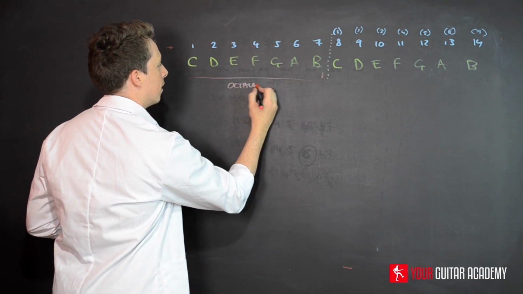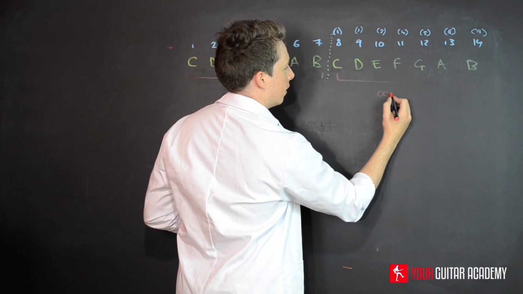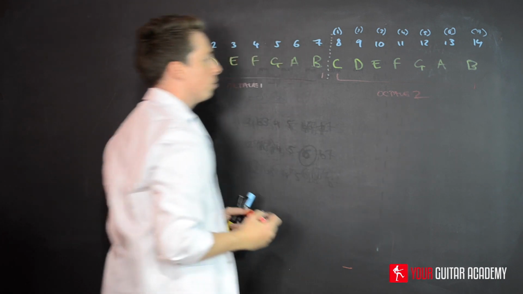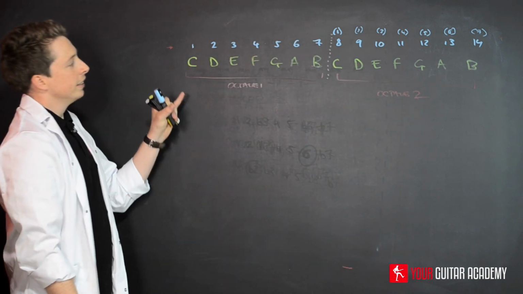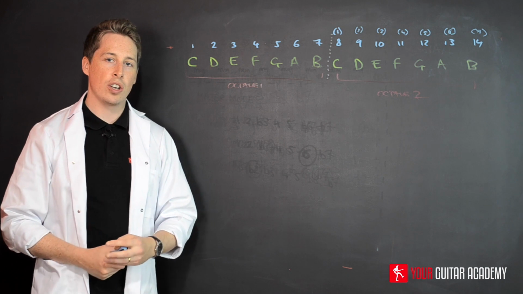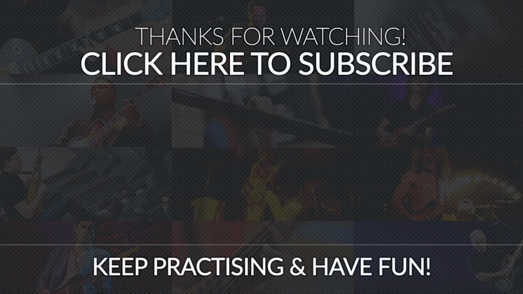This is octave 1, just like so, and this is octave 2. Hopefully that makes it relatively clear. So get that on paper, and then in the next lesson, we're going to look at how to take that and apply it to major 9.